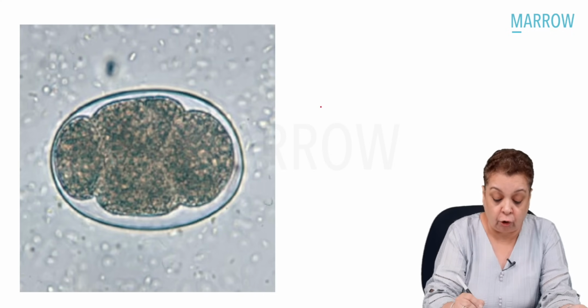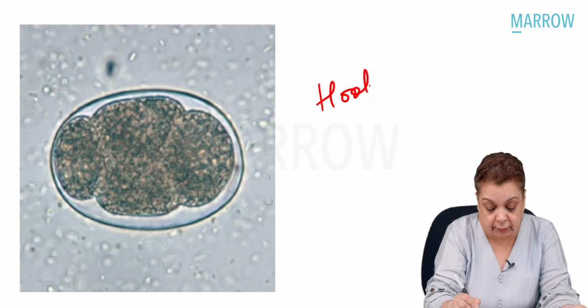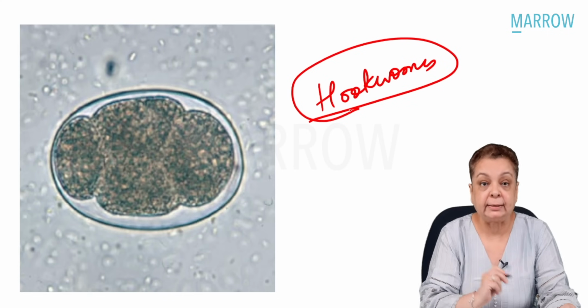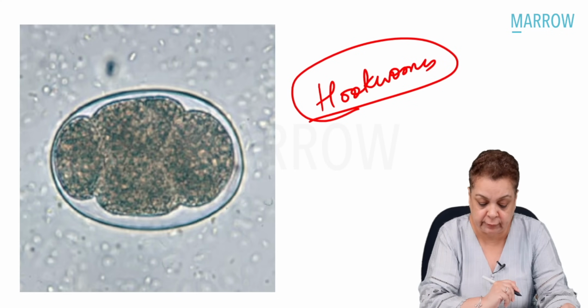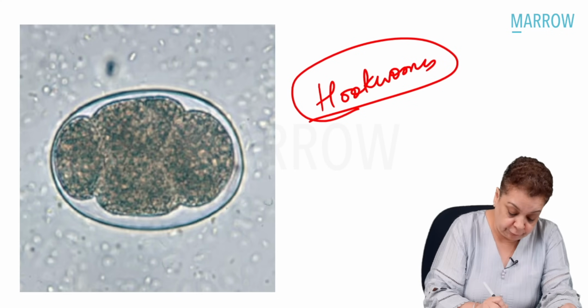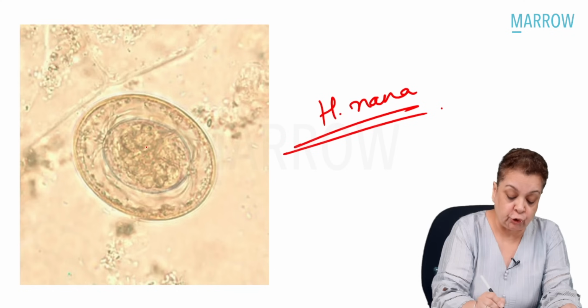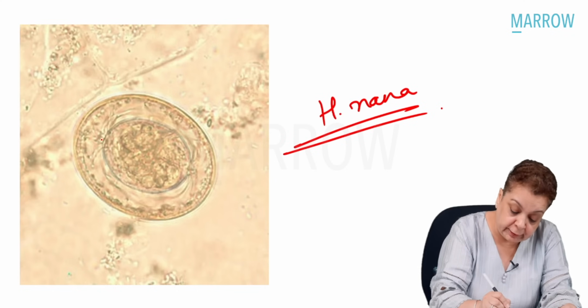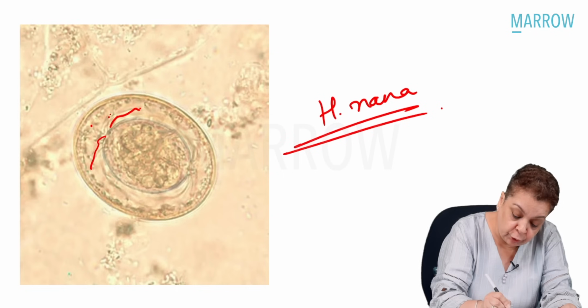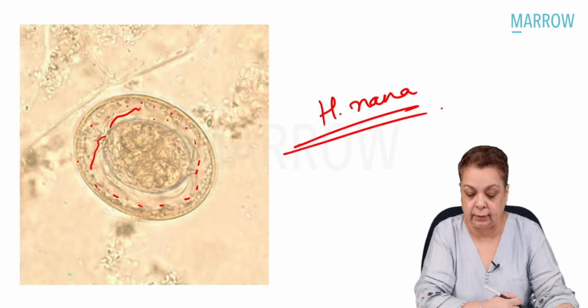This is the egg of the hookworms, Necator and Ancylostoma, which are found in the stool. This is the segmented ovum with blastomeres. This is the egg of Hymenolepis nana, H. nana. It's got a hexacanth oncosphere and it's got polar filaments with yolk granules surrounding this hexacanth oncosphere.